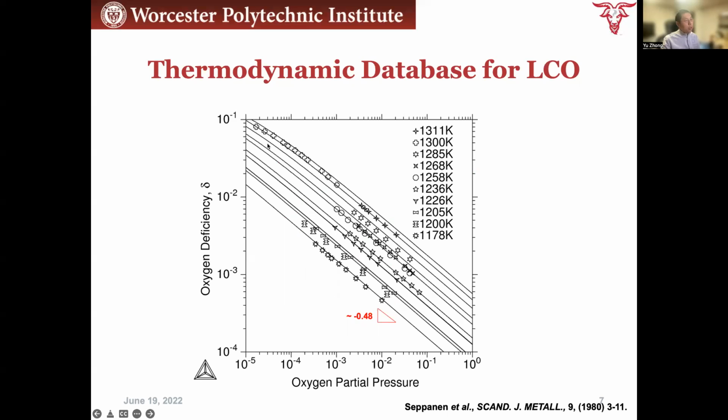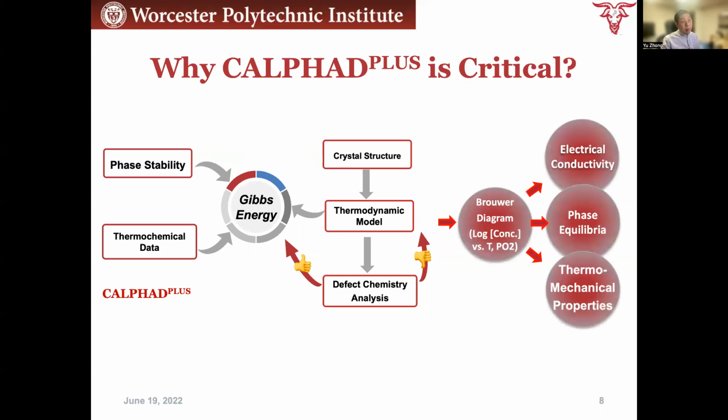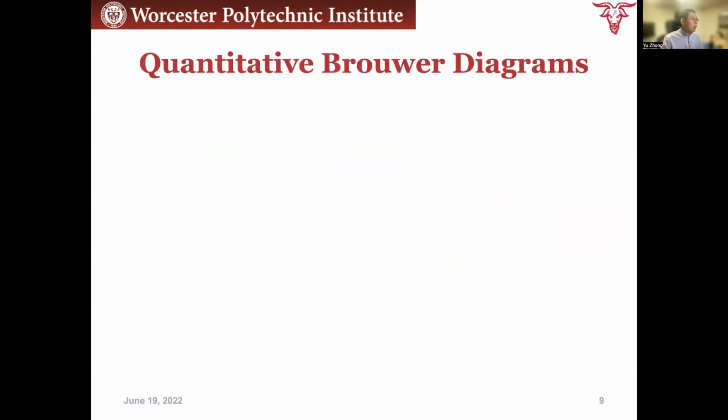The slope itself represents the defect chemistry inside. So this shows that we have very good agreement with exactly what is happening in the LCO lattice. I call this CALPHAD plus. Why is this important? Because we can plot the Brouwer diagram, which I will show you, and also predict the electrical conductivity, the phase stability, and the thermomechanical properties. So that's why this is very important.